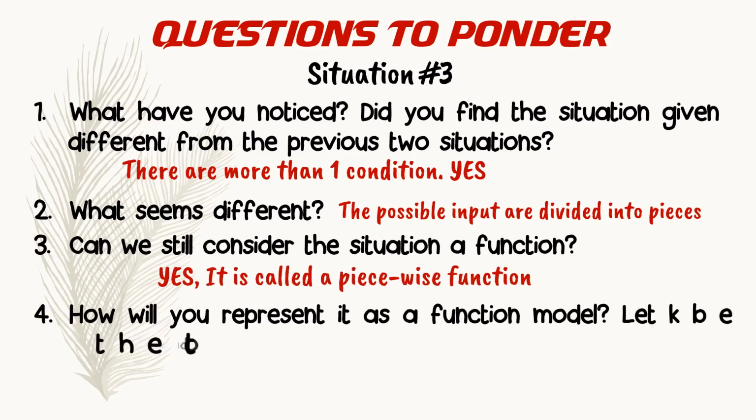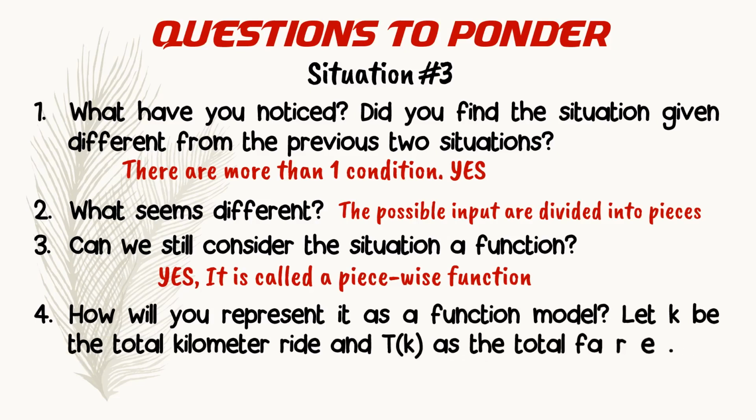How will you represent it as a function model? For example, let k be the total kilometer ride and t of k the total fare. So k will be your input, the number, and t of k will be your output. So k represents the kilometers and t of k represents the total amount of fare.